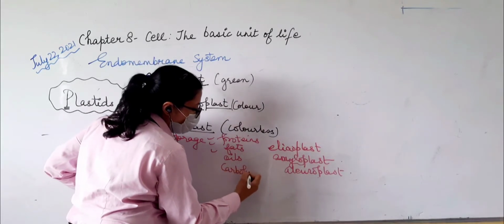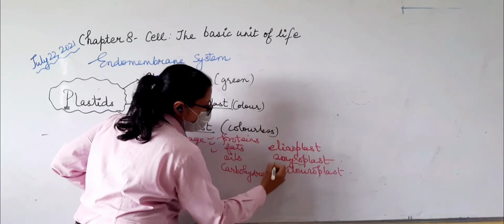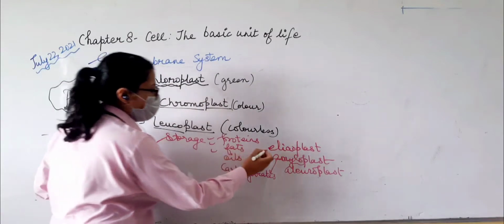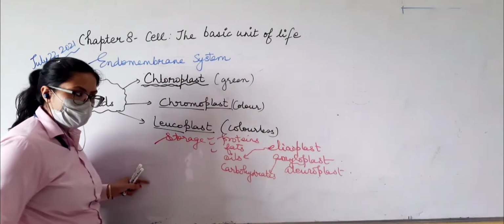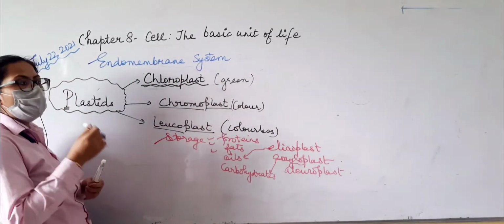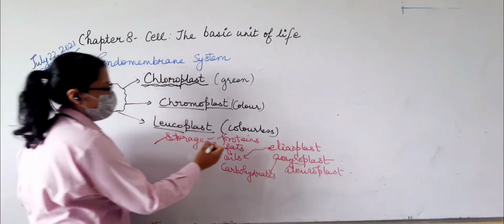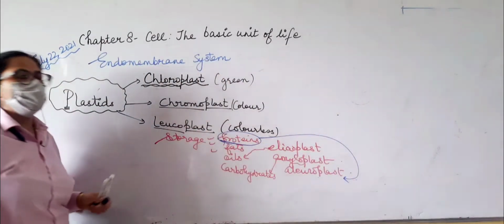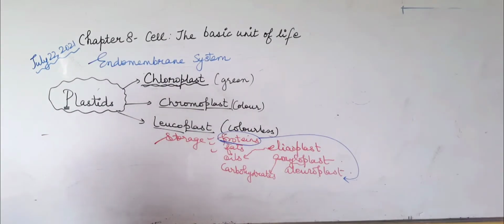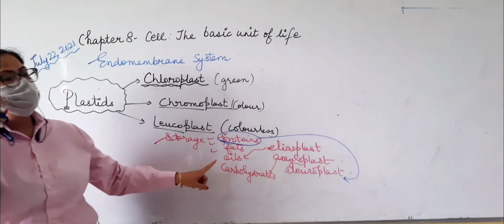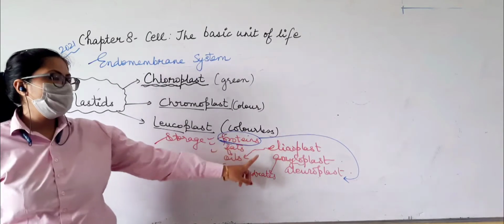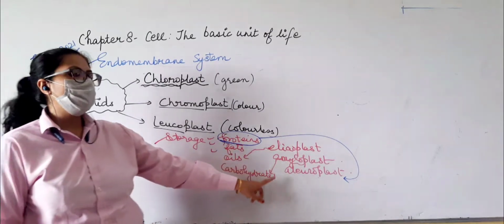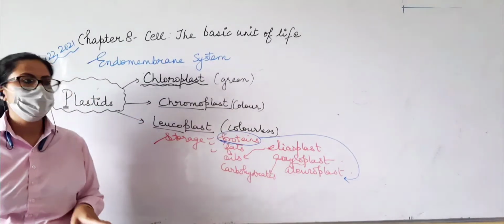So whenever carbohydrates are being stored, that is amyloplast. Elioplast means storing fats and oils, and aleuron layer means proteinaceous layer. So wherever proteins are being stored, that is aleuroplast. So what all things are being stored? Amyloplast, carbohydrates. Elioplast, oils and fats, and aleuroplast, proteins are being stored in the plastids.